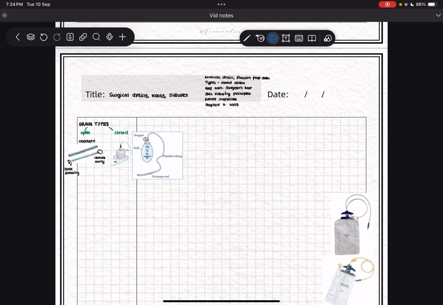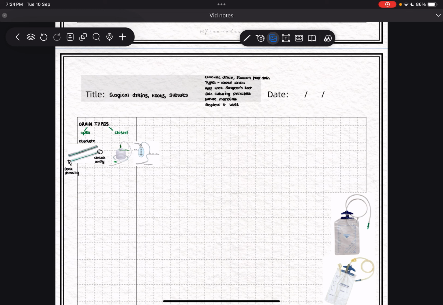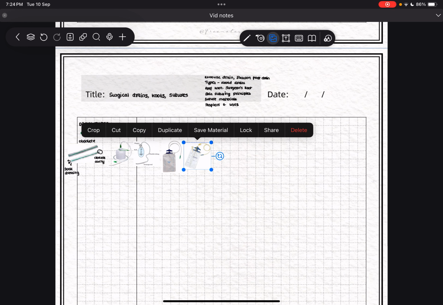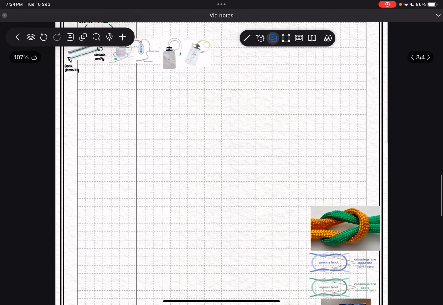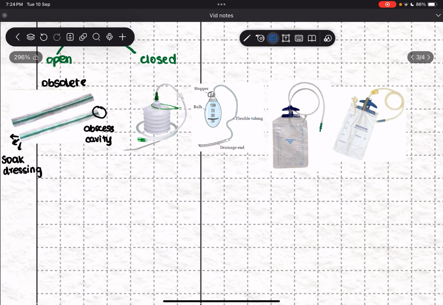I had pre-prepared the images before the video recording so that it will be easier for me and less time consuming. I have left the Minivac because it is a smaller version of Romovac.